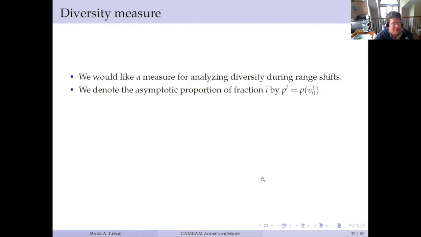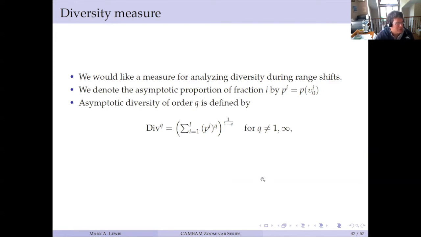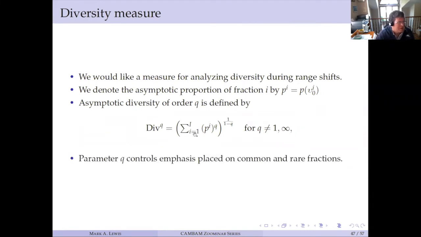on the previous slide. It's P of V naught of I. And if you have a whole bunch of neutral genetic fractions, you can compute the genetic diversities. And then you can define something called asymptotic diversity of order Q, which is given here. And it turns out that Q controls the emphasis based on common and rare fractions.